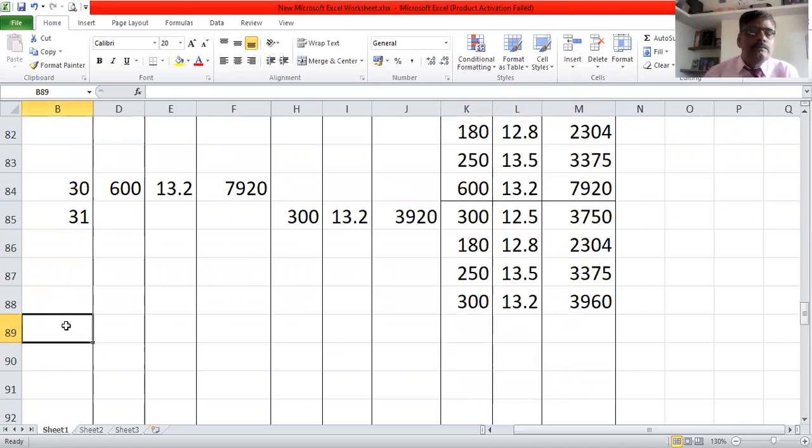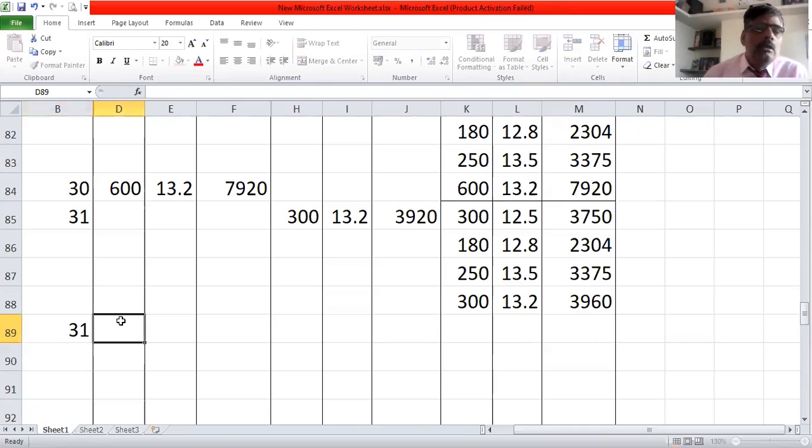Then on the stock verification 31st July, there is a surplus. 31st, you record in the receipt column 15 units. 15 unit is to be taken at the present issue price. Last issue price is 13.2.